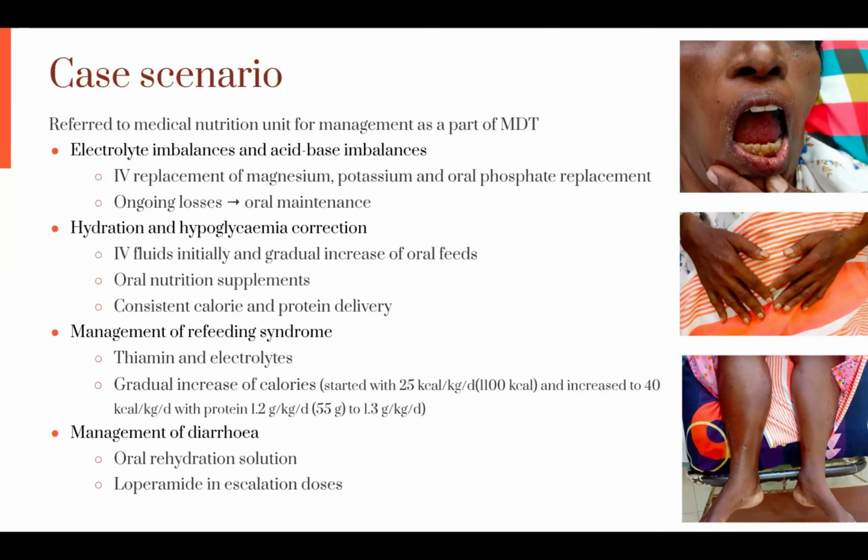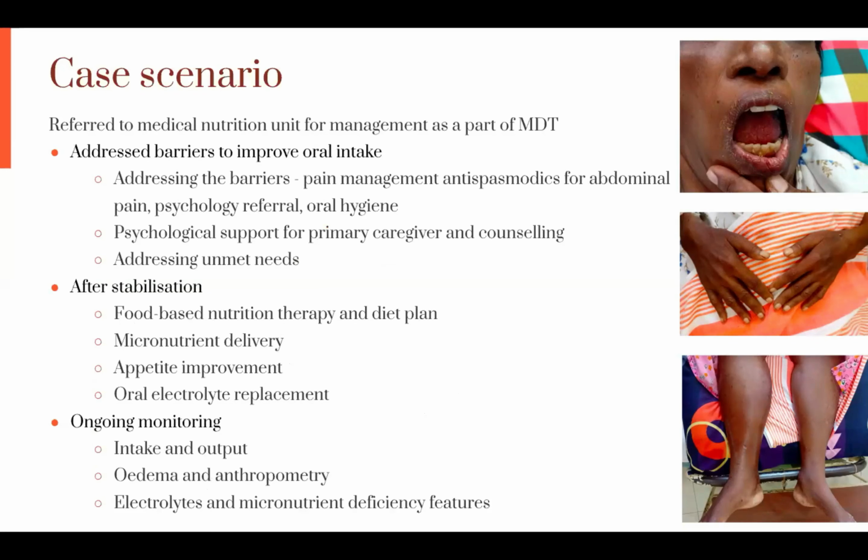And we were thinking of refeeding syndrome, so thiamine replacement and electrolyte replacement were given. I started with 25 kcal per kg and increased to 40 for energy requirement, and protein started with 1.2 and increased to 1.3 grams per kg per day. And we managed the diarrhea symptomatically, and loperamide in escalating doses was started.